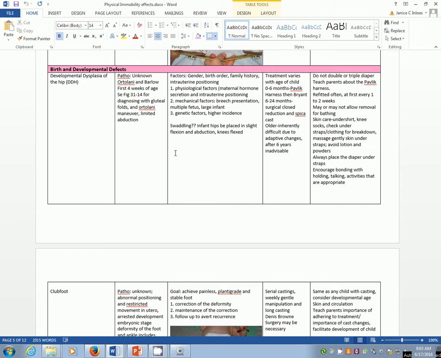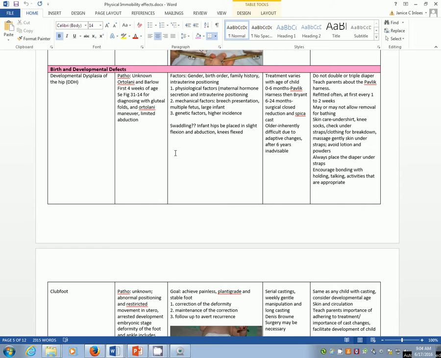So they may have a strange walk, but there's not really a whole lot that they can do after the age of 24 months about getting them in there. Some doctors may try, but up to about the age of 4, it's still difficult to get a successful reduction and reconstruction. And then after the age of 6, they really don't usually do anything.